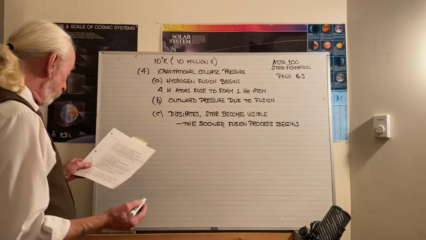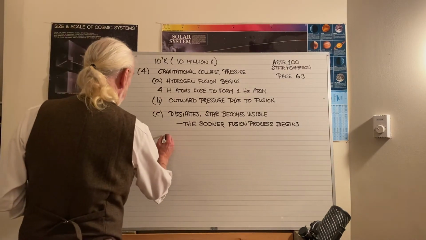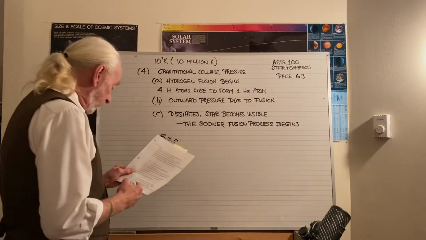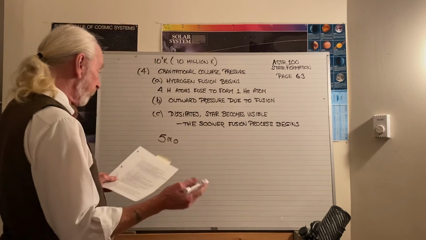All right, so for example, if you have a pre-main sequence star that starts at 5 solar masses, this process will take less than 1 million years to begin fusion.